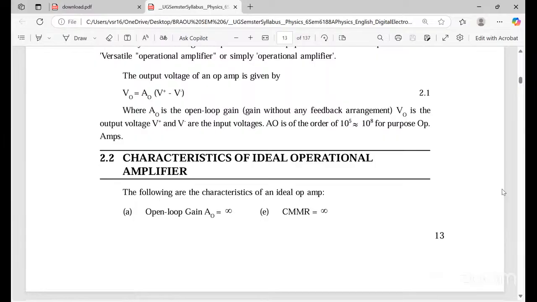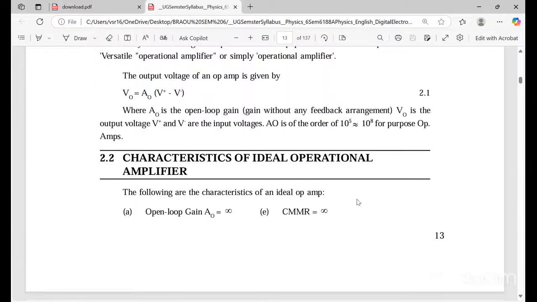It means a fraction of the output is connected to the input, and a circuit with this is under feedback. Without feedback, the ratio of the output voltage to the input voltage is called gain. Here V naught is the output voltage, and V plus and V minus are the input voltages. The gain is in the order of 10 power 5 to approximately 10 power 8 for op amps.